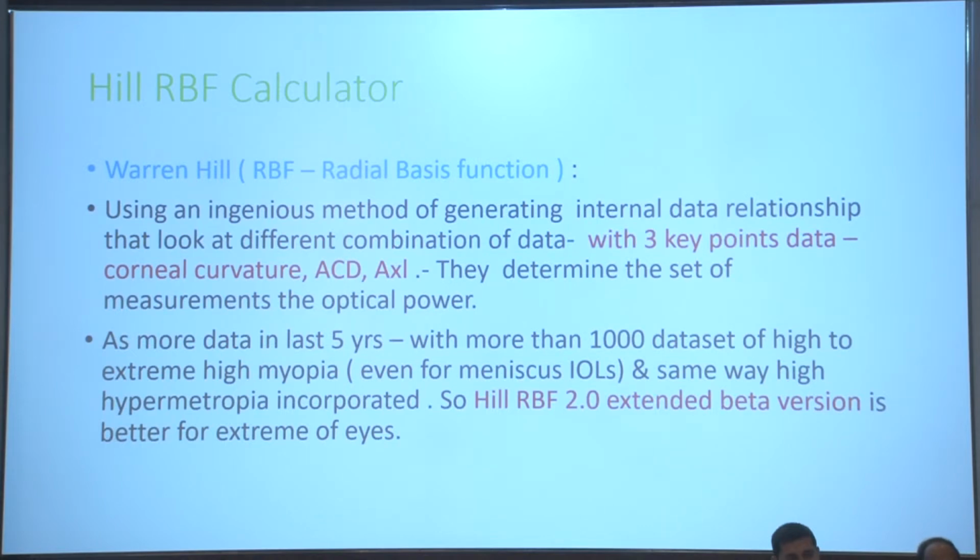Recently, Hill-RBF has introduced an extended beta version, and the 3.0 version has also been introduced. They have a data set of more than 1,000 high hyperopic and high myopic patients, extreme high hyperopia and extreme high myopia also. So it gives much better results with artificial intelligence in high hyperopia or high myopia. I think the next speaker is covering how to deal with high myopia and high hyperopia.